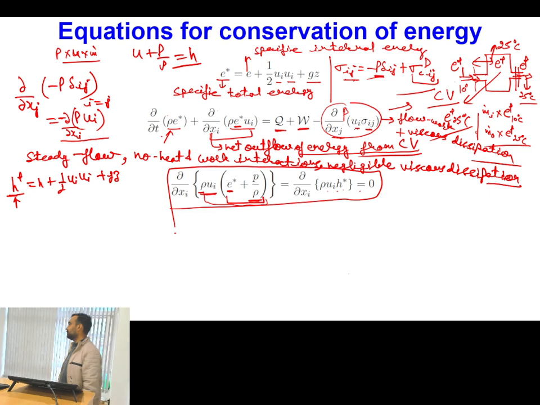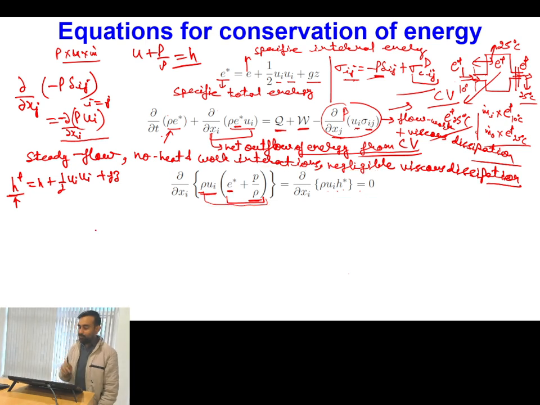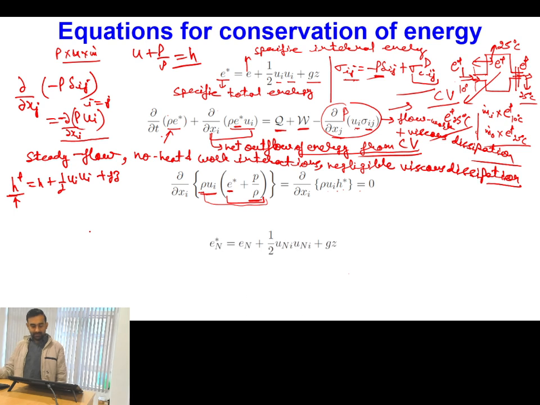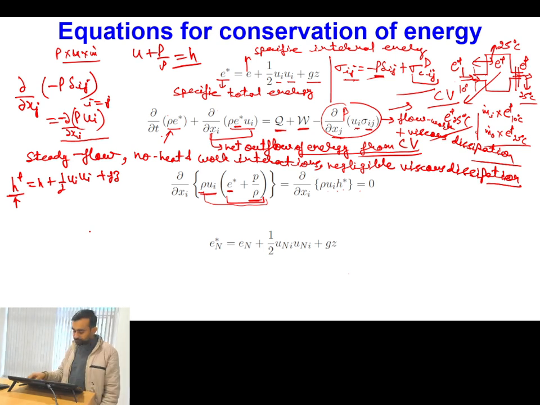Is this point clear? So till now we are only talking about the energy equation in single phase flow. Clear? Now let us introduce the concept of multi-phase over here. It is better to understand the energy equation first for single phase flow. Now you can correlate the terms for multi-phase flow.